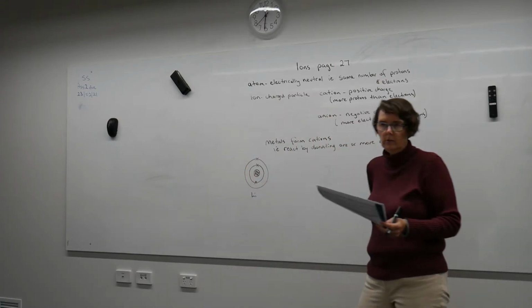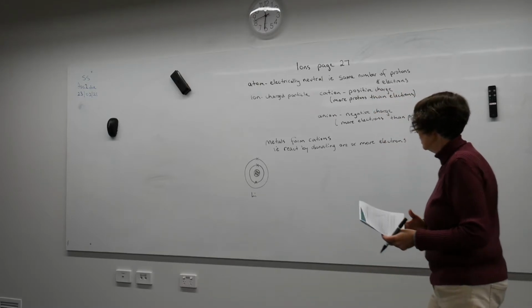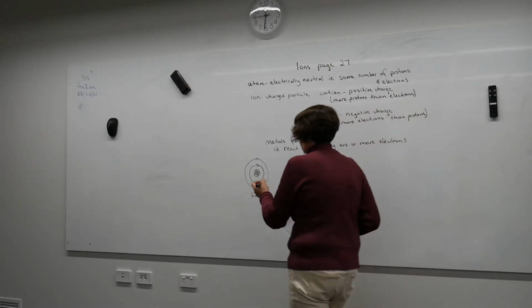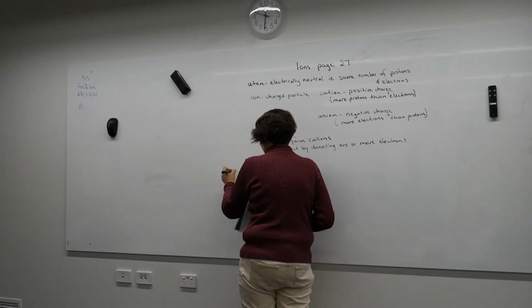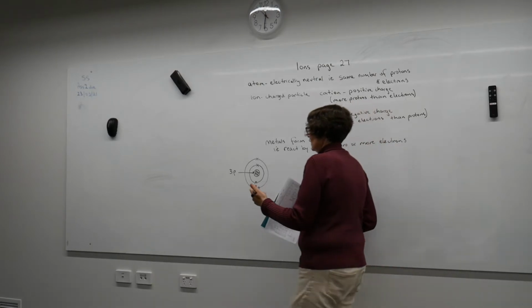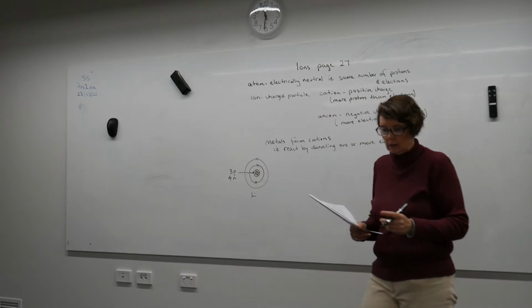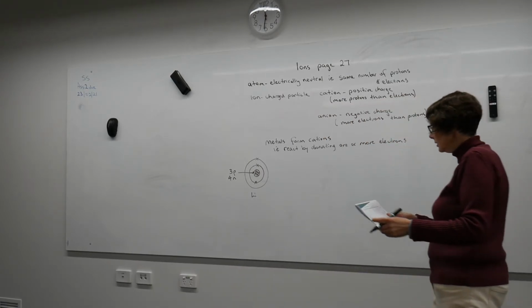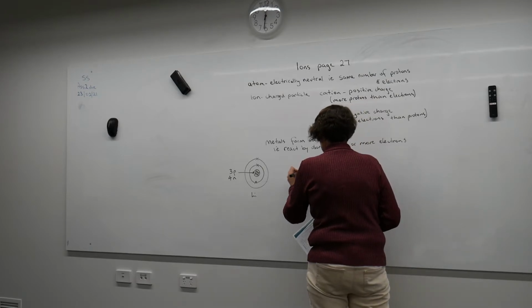So that can be my representation of a lithium atom. I haven't gone into any detail in the nucleus, but I've got 3 protons in there, and it could have 4 neutrons, so it's lithium-7. And let's think about fluorine. So we'll do the same for fluorine.